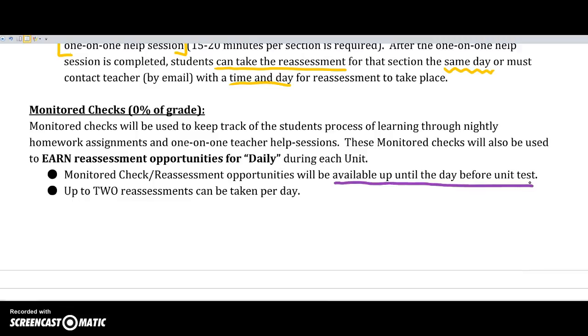So we want to make sure that the students are taking responsibility and doing it before the very last day. Up to 2 reassessments can be taken per day. So if you want to take lessons 3, 4, and 5, you can do maybe reassessment lessons 3 and 4, but you will have to come back and do reassessment 5 another day.